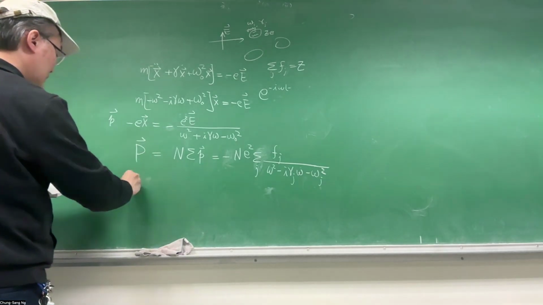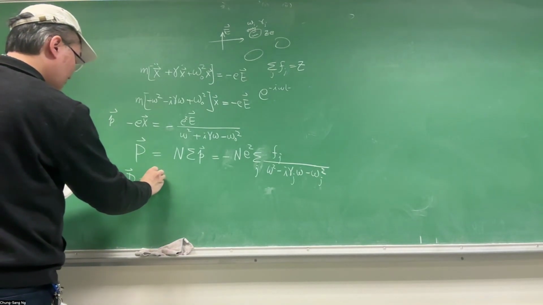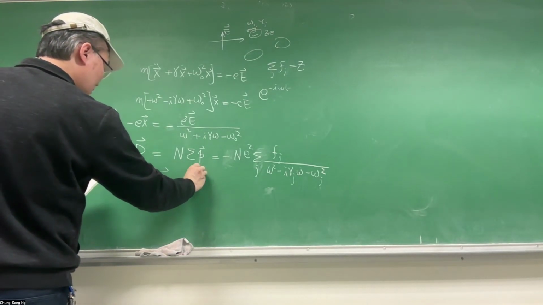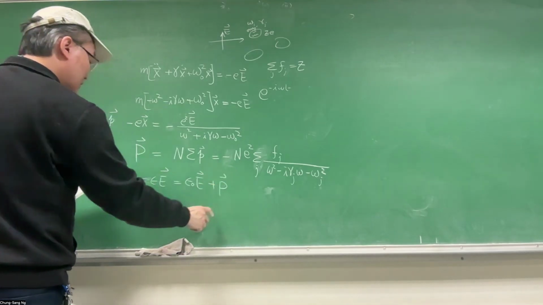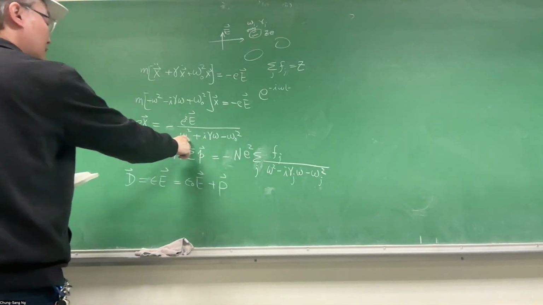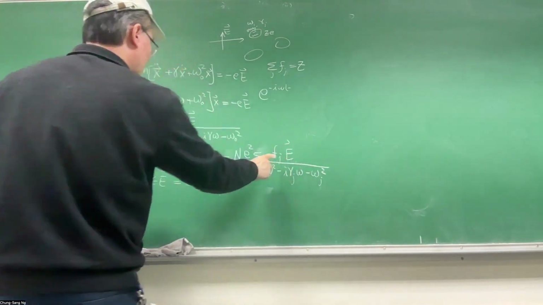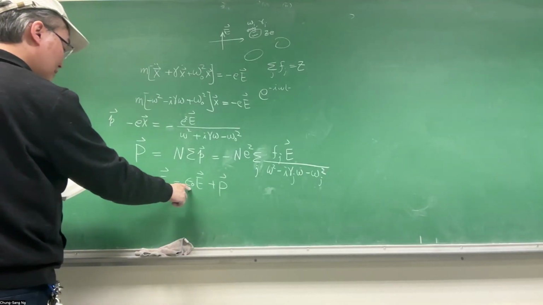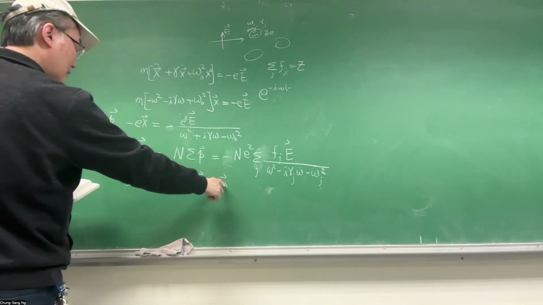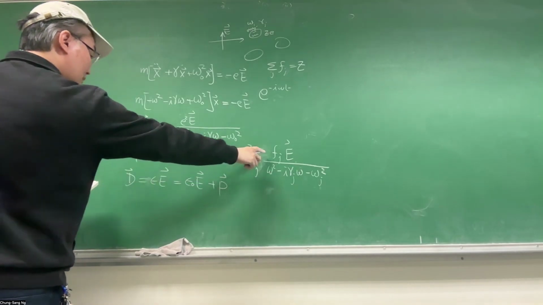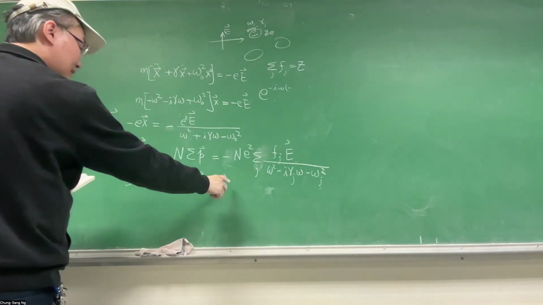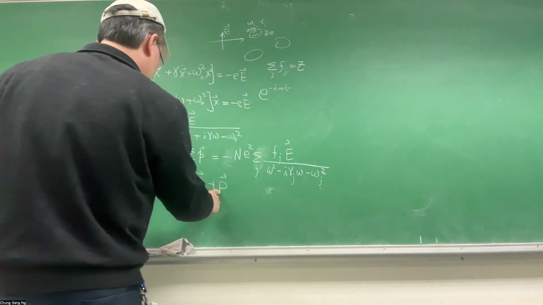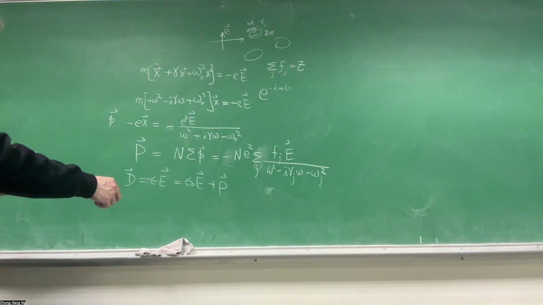So remember that D is epsilon E, right? It equals epsilon 0 E plus P, right? So this P going in here is also proportional to E, and then you have an E here. So epsilon is given by epsilon 0 plus this one divided by E. I mean, actually, whatever the coefficient in front of E. And then you can now solve for that.